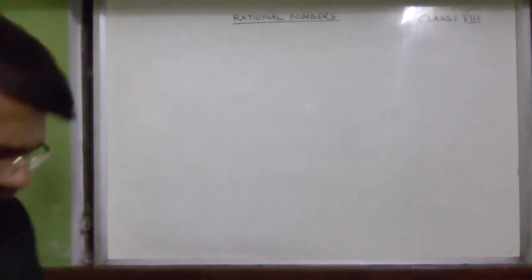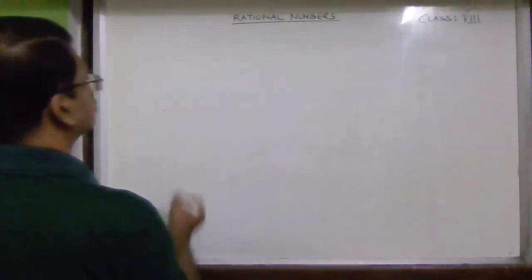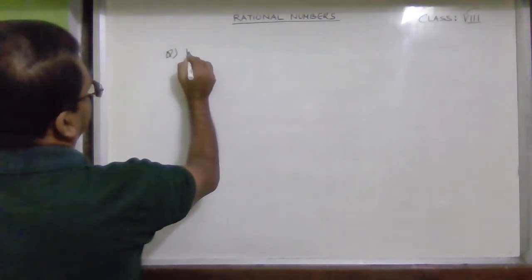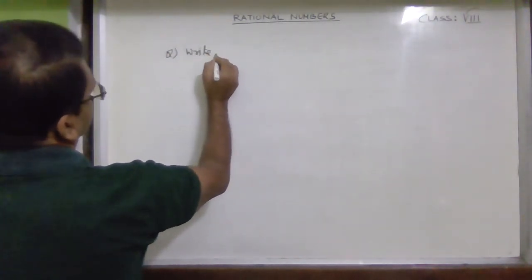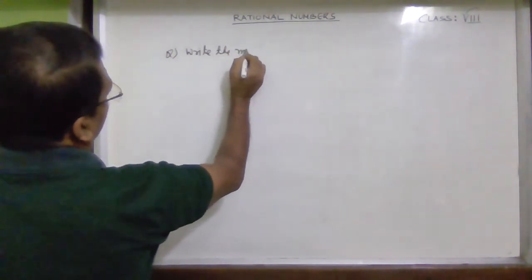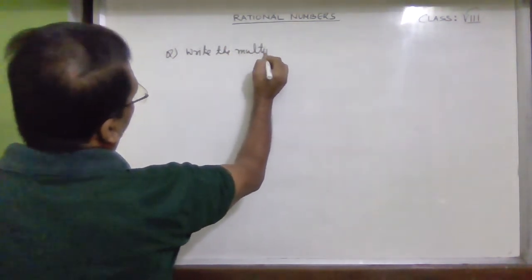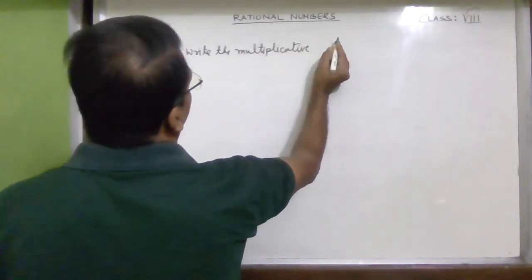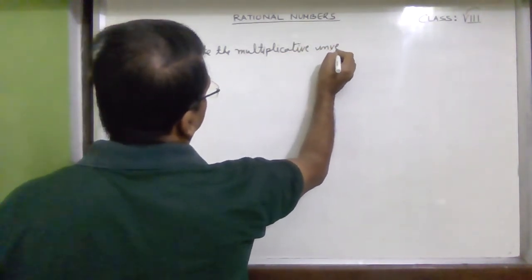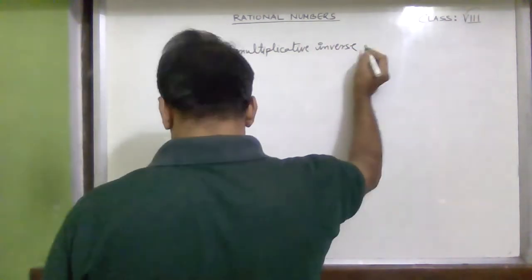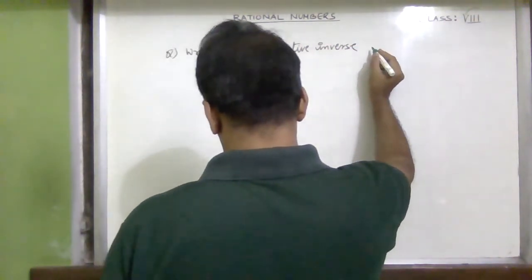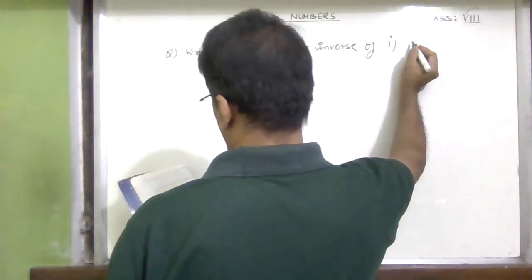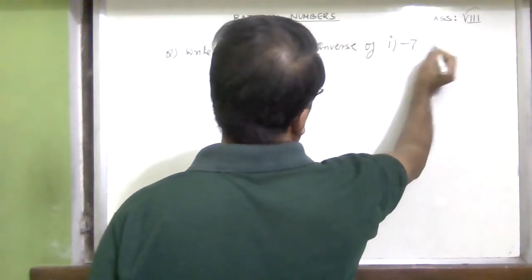Next question. Write the multiplicative inverse of the first part, minus 7.